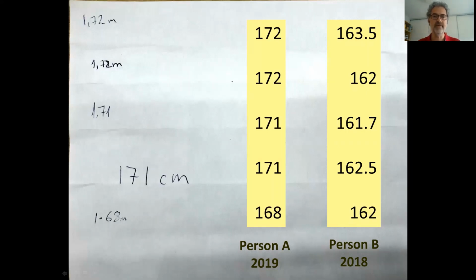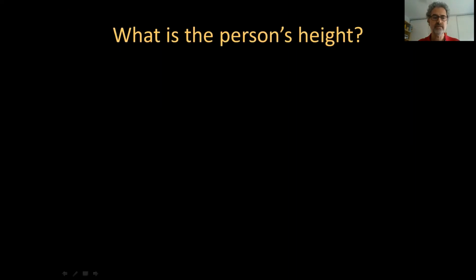Reality is variability. And this raises an important question that needs a principled and justified answer. And the question is, what is the person's height? Of course, there is also the sobering consideration that in real life, if you wanted to measure someone's height, you would only measure it once, which is like having only one of these 5 numbers and not having the others.